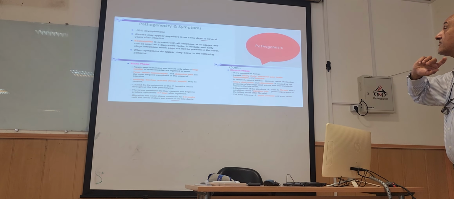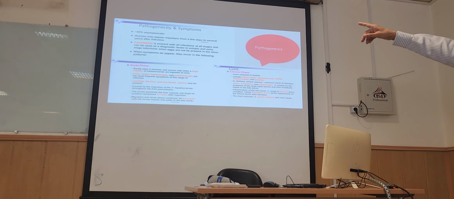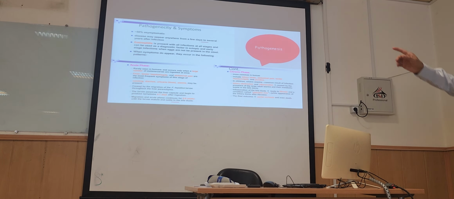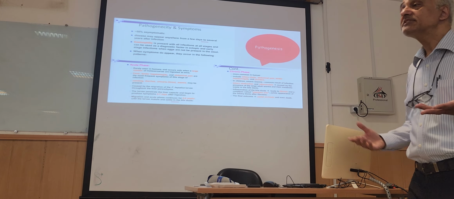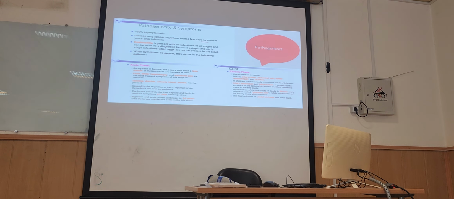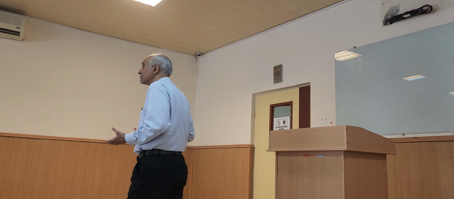Pathogenicity and symptoms: 50% asymptomatic. Disease may appear anywhere from a few days to several years after ingestion, after infection. What does it mean? It means that history is very important to ask from the patient. When you are here with eosinophilia, this painful part of the right abdomen, restlessness and fever or something, have you ever been in Rasht?